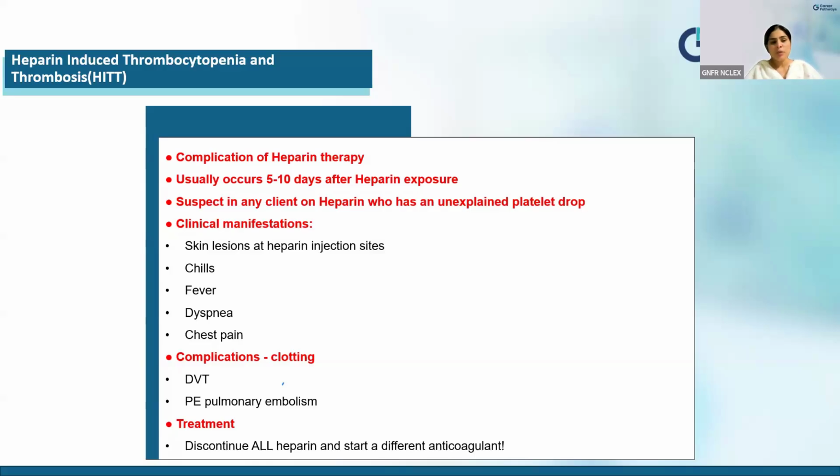In treatment, discontinue all heparin and start a different anticoagulant. If there is any complication or heparin is not suitable for the patient, ultimately we discontinue the heparin and try to start a different anticoagulant. Understand everything here?